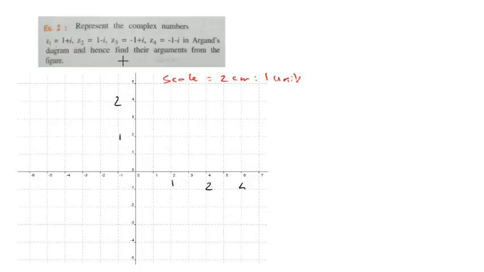So 1 plus i means z1 will be represented as the point (1, 1), positive 1 and positive 1, and it can be represented by a segment of length. Suppose this point is A, so point A represents the complex number z1, that is equal to 1 plus i.